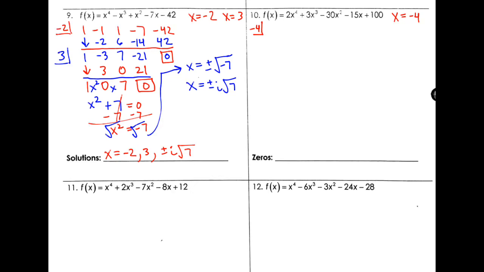So, 2, 3, 2, and 100. Hope I have enough space here. This comes down automatically. I'm just doing the math at this point, guys. You already heard me talk it through. It's the same old, same old.